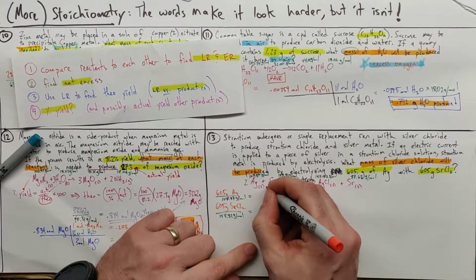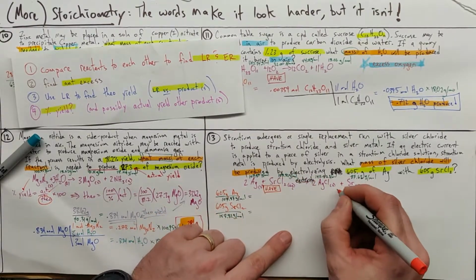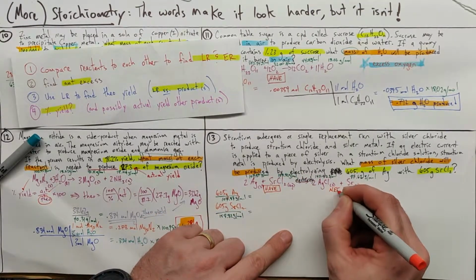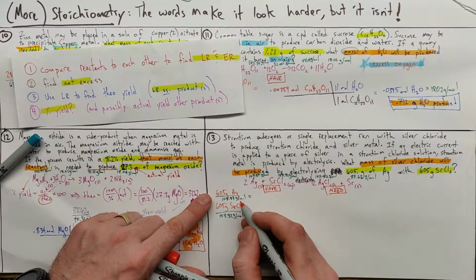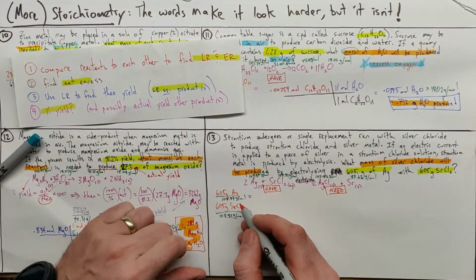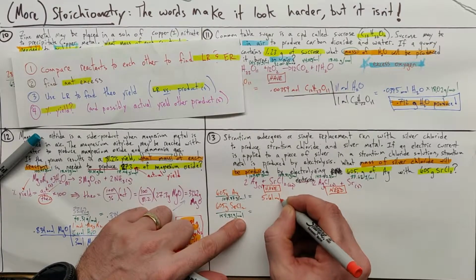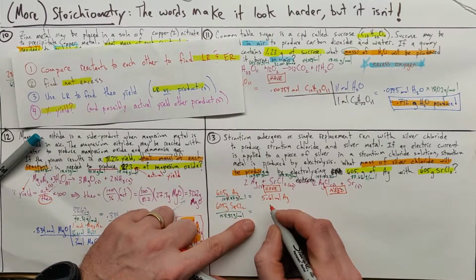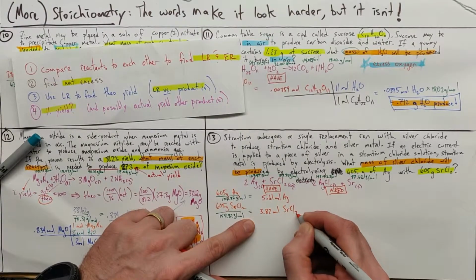I've written this a million times. That's what we have, right? Literally. And our goal is to find out what we need. And in this particular case, the 605 over 107.87 is 5.61 moles of silver, and we have 3.82 moles of strontium chloride.